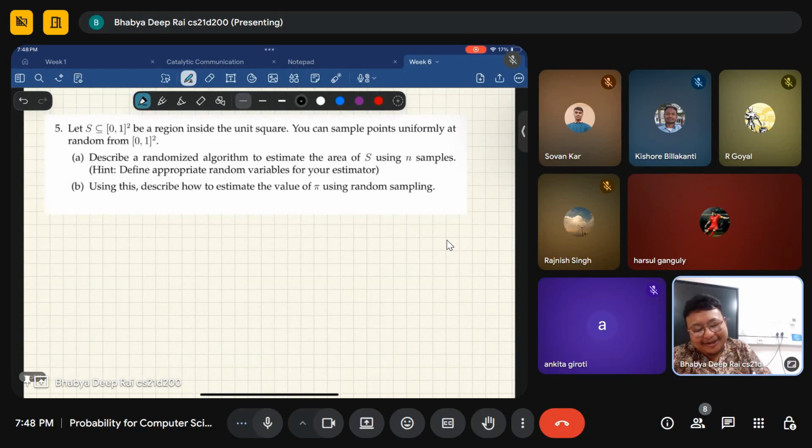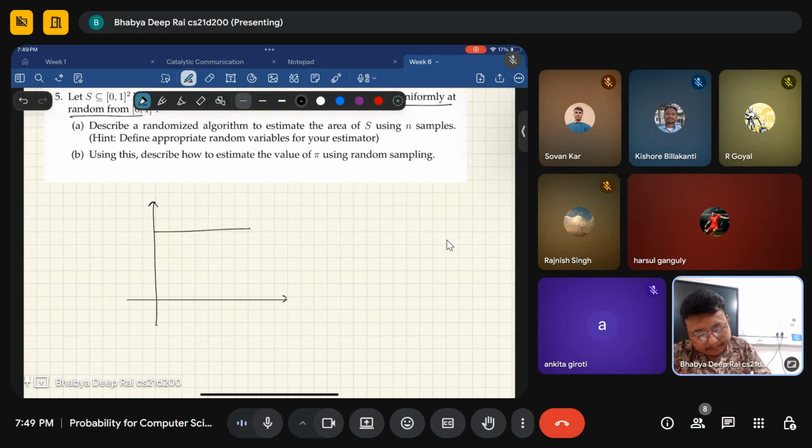This is the question. Let S be a region inside a unit square. You can sample points uniformly at random from [0,1] squared, between 0 and 1. So this is a grid, and you have a square.